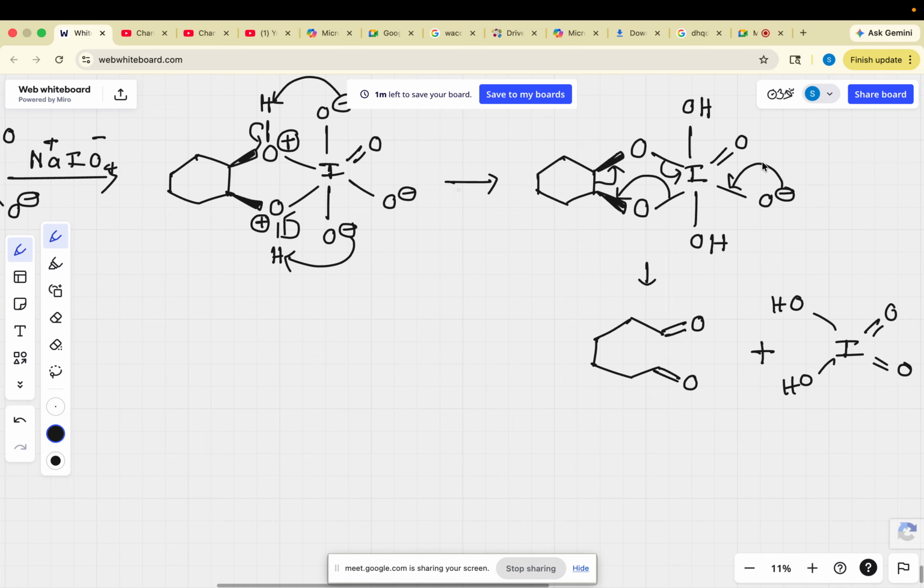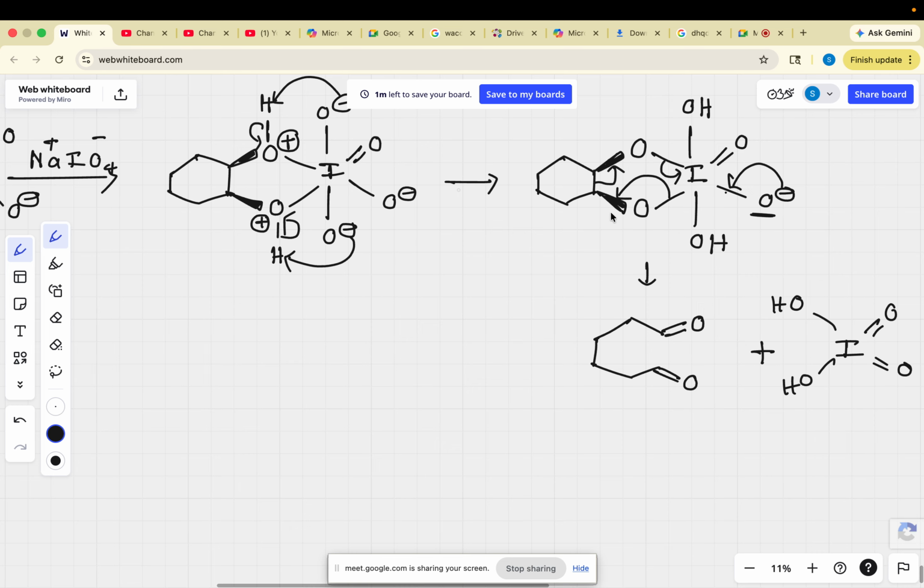When it gives back its electrons here, automatically this bond has to break, because electrons are coming from this oxygen center and moving to here. Why? Because the antibonding orbital is there, so the electrons come to the corresponding antibonding orbital, and this sigma bond breaks.